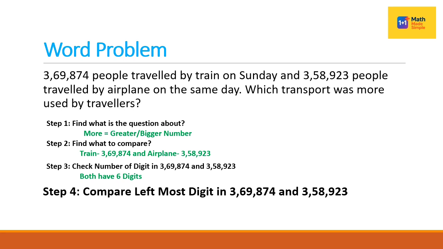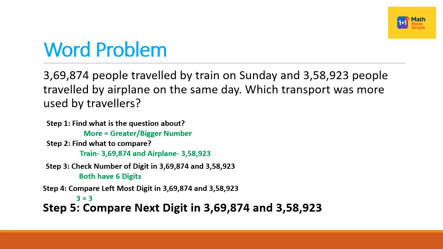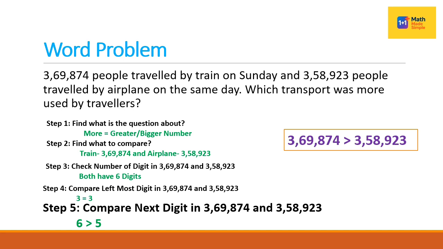Now the next step will be to compare the leftmost digit in these two numbers. In these two numbers, the leftmost digit is 3. Then we will compare the next digit in both of these numbers. The next digit in the first number is 6, whereas the next digit in the second number is 5. 6 is greater than 5, it means that the first number is greater than the second number.